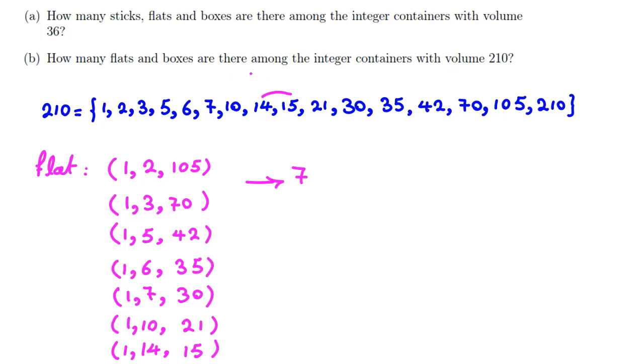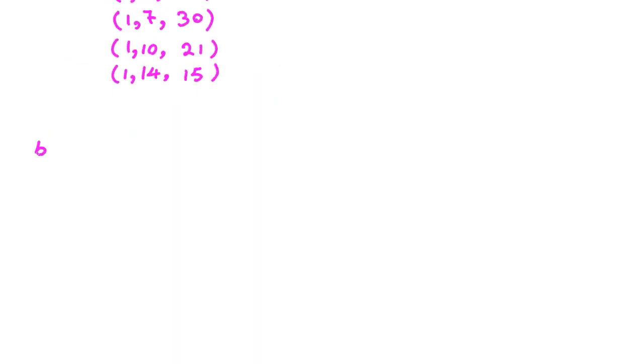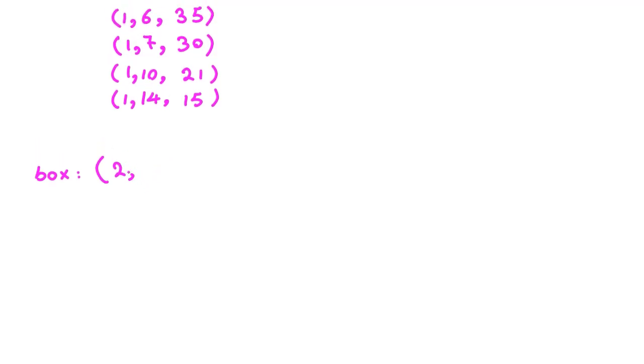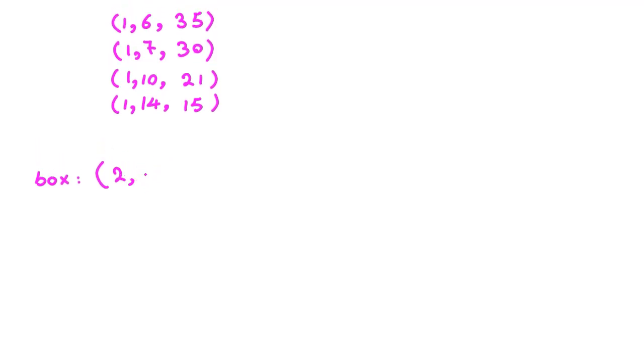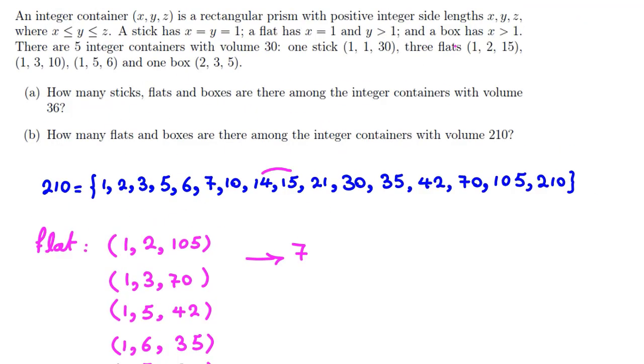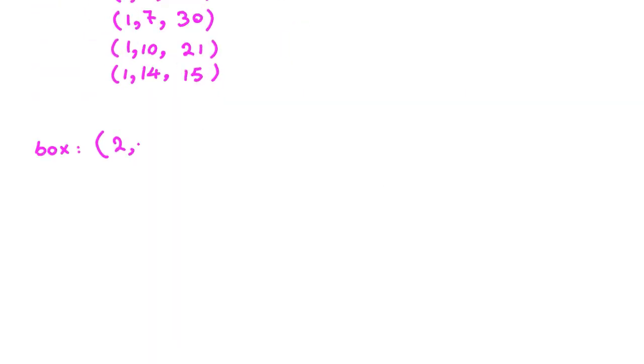So it is 7. Now we want to see how many boxes there are. So case 2, box. The first one should be at least 2. So if it is 2, we know x is less than or equal to y, less than or equal to z. So in the box, we know that x is greater than 1. The product is 210.